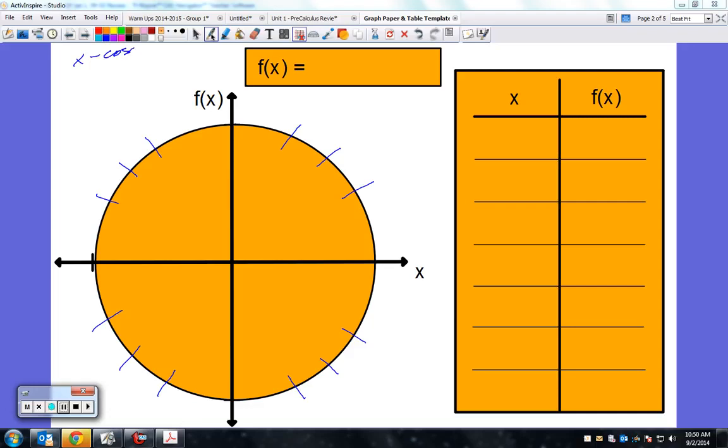X is cosine, y is sine. With me? Tangent is y over x. My goal with this demonstration is to get you to get these points fast.